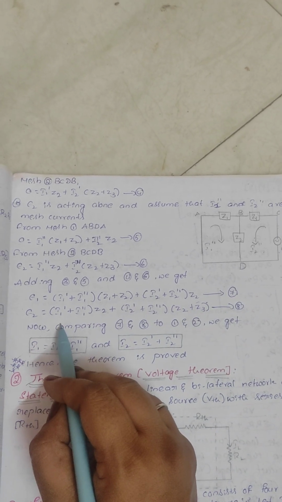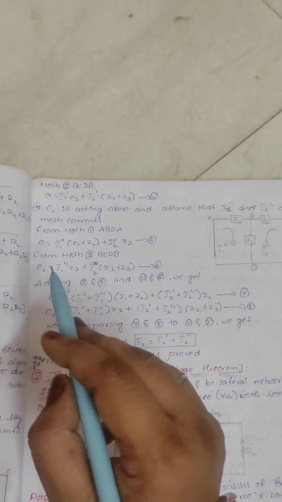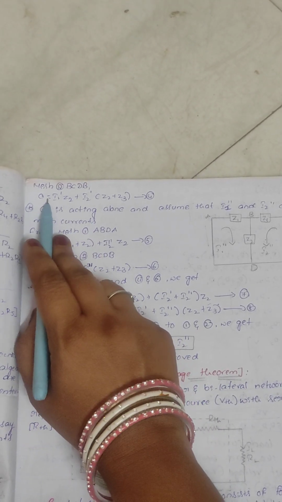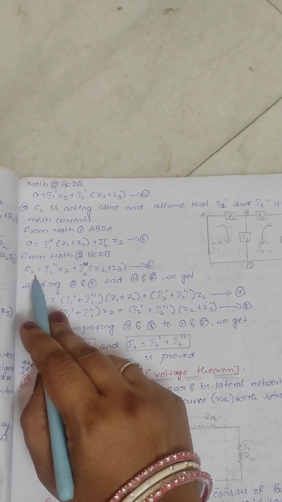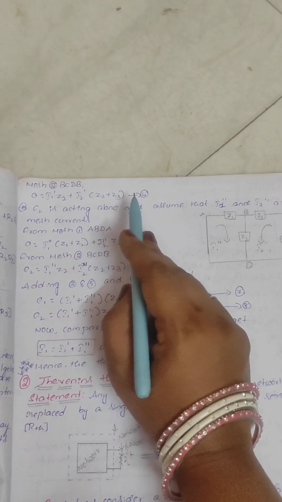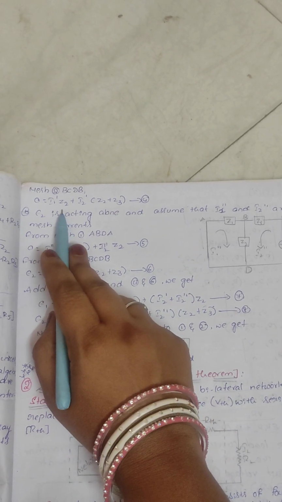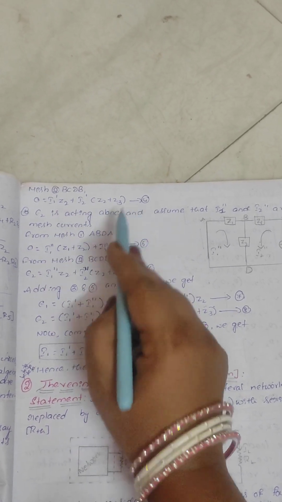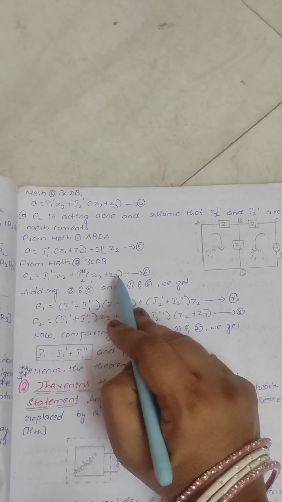E2 is equal to... from equations 4 and 6 we get E2. From equation 4 we are having the LHS as 0 and E2, and after adding the RHS we get I1 dash Z2 plus I2 dash into Z2 plus Z3, plus I1 double dash Z2 plus I2 double dash into Z2 plus Z3.